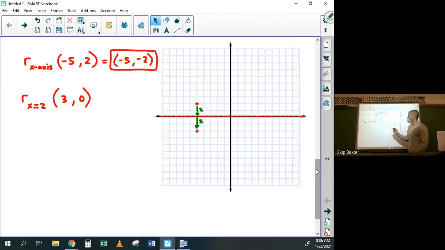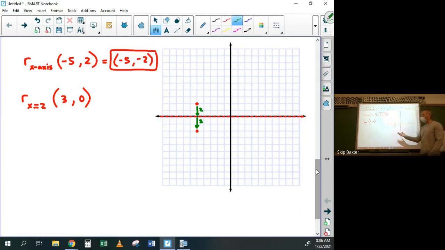I'm going to plot the pre-image point, the point that I'm starting with, (3, 0). That's here. This time, the line of reflection is x equals 2. What type of line is that? It's vertical.